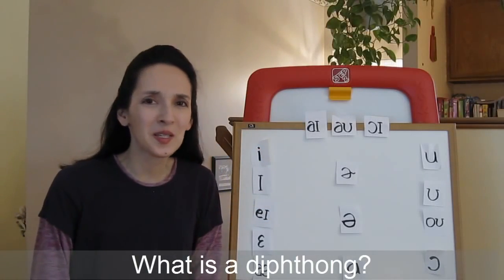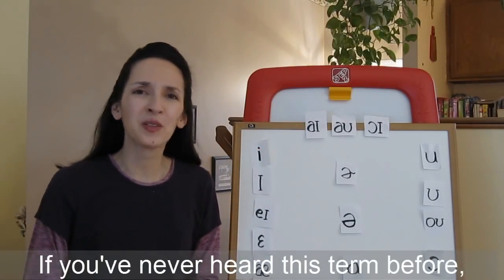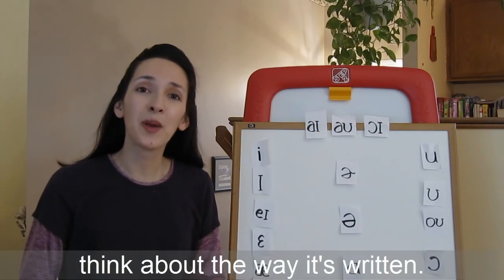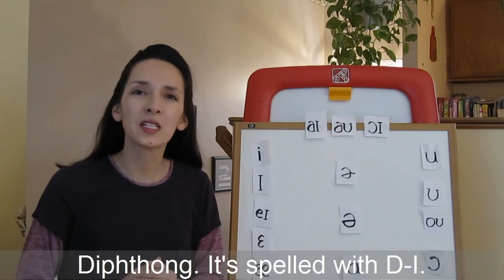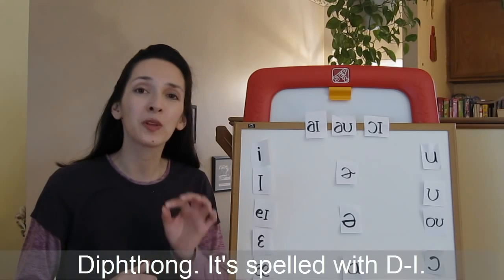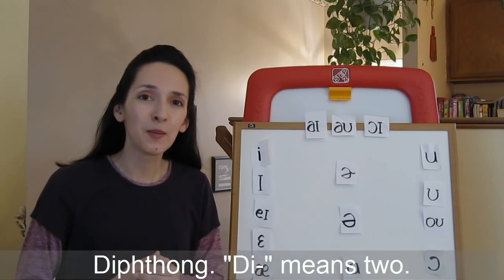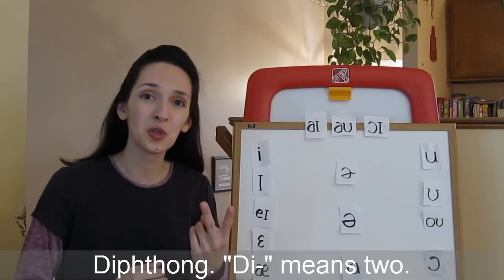So what is a diphthong? If you've never heard this term before, think about the way it's written. Diphthong is spelled with D-I. Di means two.